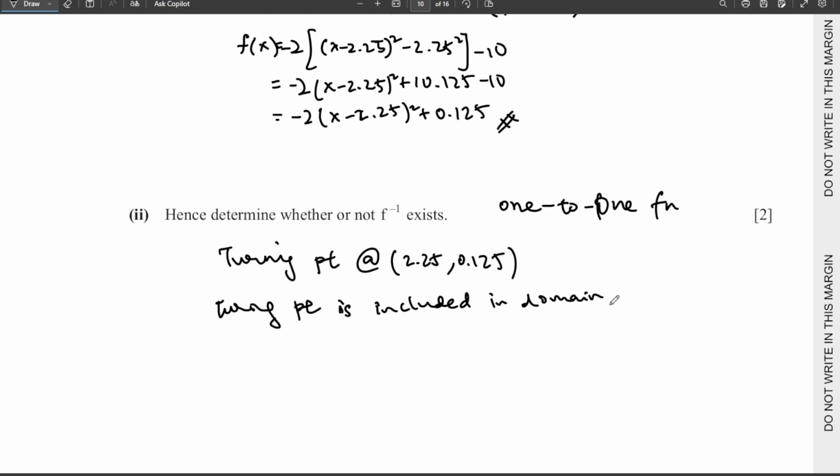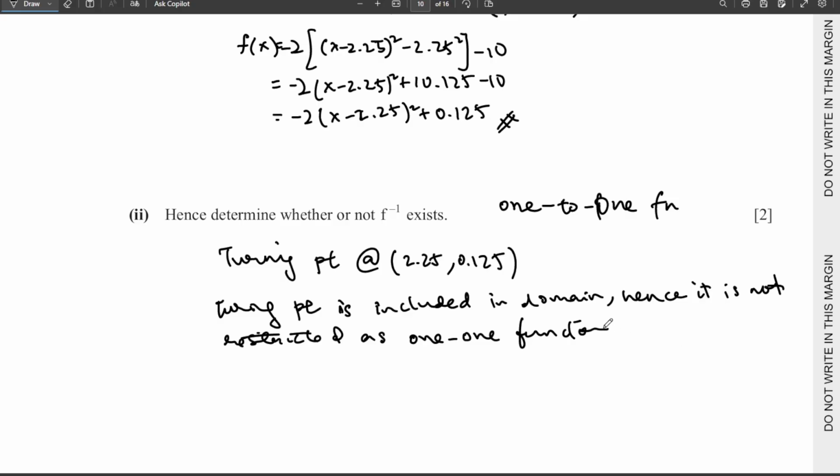Then it is not restricted as a one-to-one function. Right? Therefore, no inverse exists. Okay, so that's how you should write the conclusion.